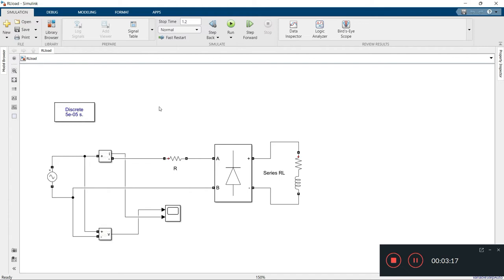The third one is the RL load model. We add on an inductor and 2 resistors, a scope, current measurement, voltage measurement, and a universal bridge. Then we run the simulation.